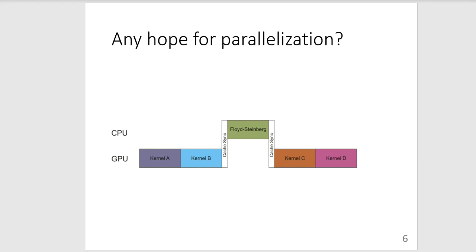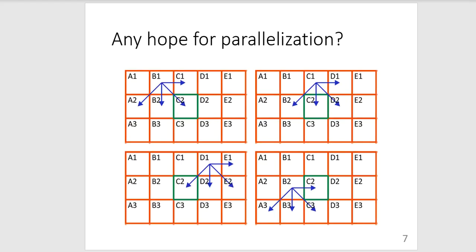Here, we would need synchronization points either side of the Floyd-Steinberg filter, and these are potentially quite expensive just to transfer the Floyd-Steinberg algorithm to the CPU. So let's look at the algorithm again and see what we might be able to do here.